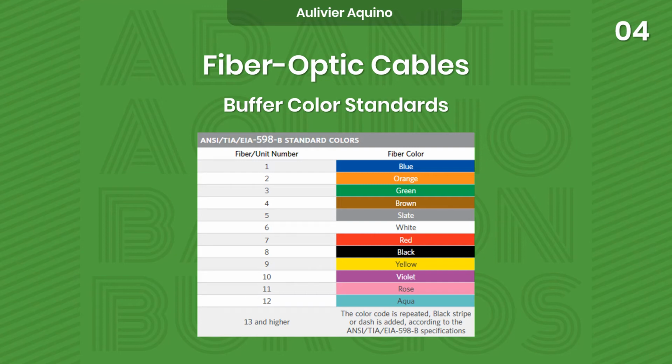For 13 and higher unit numbers, the color code is repeated. A black stripe or dash is added according to the ANSI/TIA/EIA-598-B specifications. That means for fiber unit 13, the fiber color would be blue with black stripes, for 14, orange with black stripes, and so on.